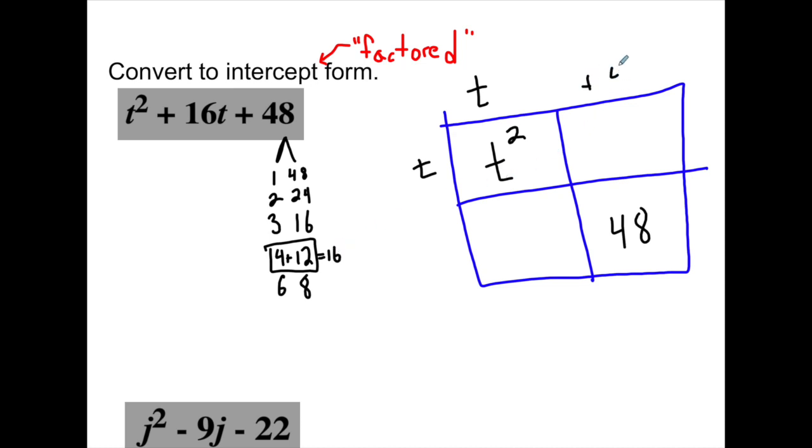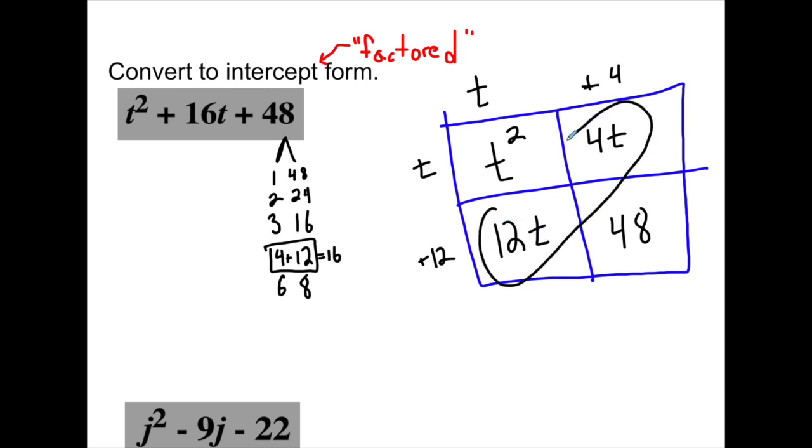So I'll just choose to put 4 up here, plus 4 plus 12, and let's check it out. I do t in 4, I get 4t. I do t in 12, I get 12t. I add these up for my 16t. So this is good, and the final answer I report is t plus 4, t plus 12.